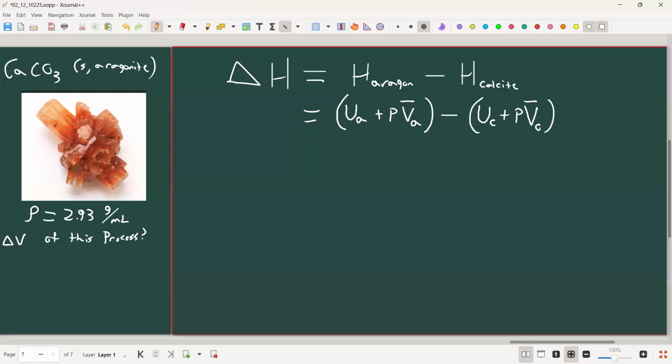I'm going to make some rearrangements here. This is equal to UA minus UC minus PVA plus PVC.